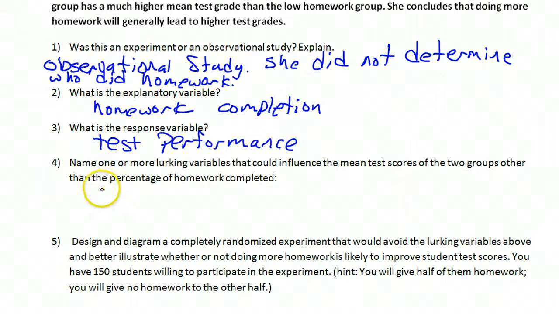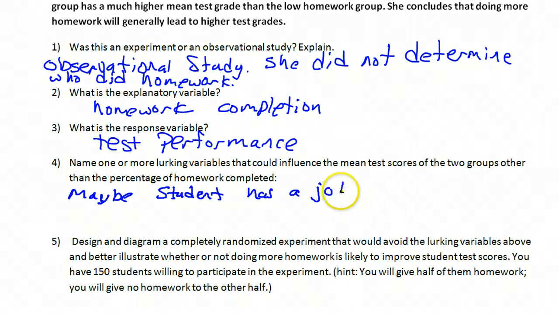For example, now these are just hypothetical, but imagine that a student has a job. Let me just write that down. Student has a job. What if a student has a job? Because they have a job, they're not doing their homework. But also because they have a job, they're not studying.